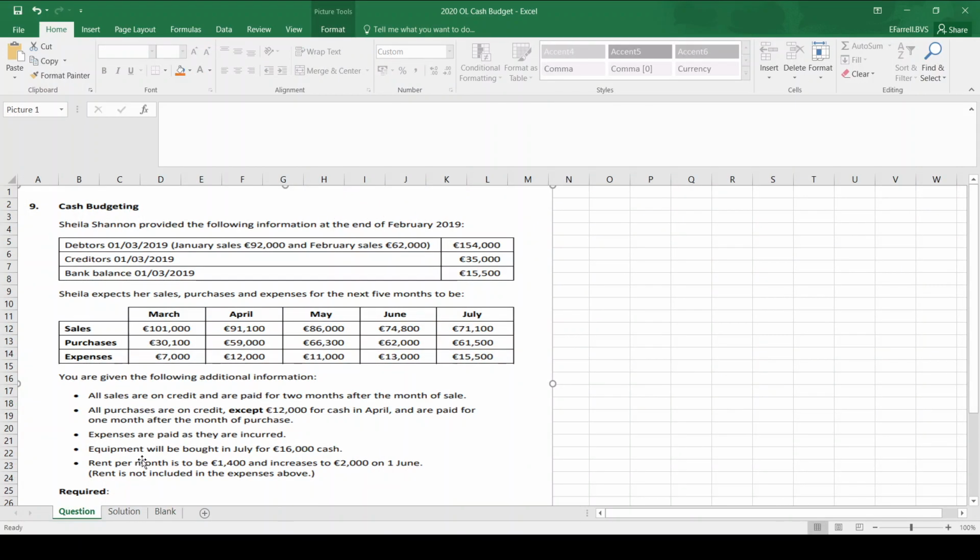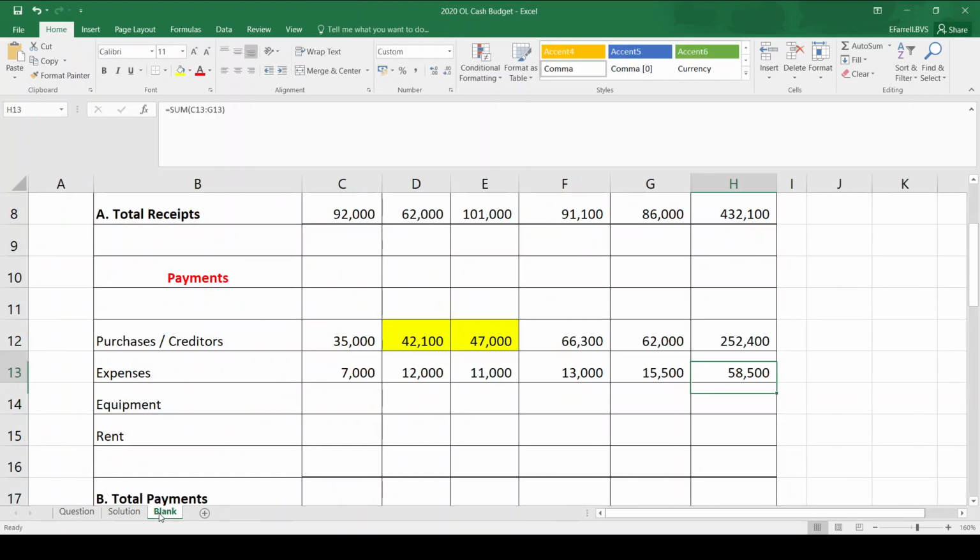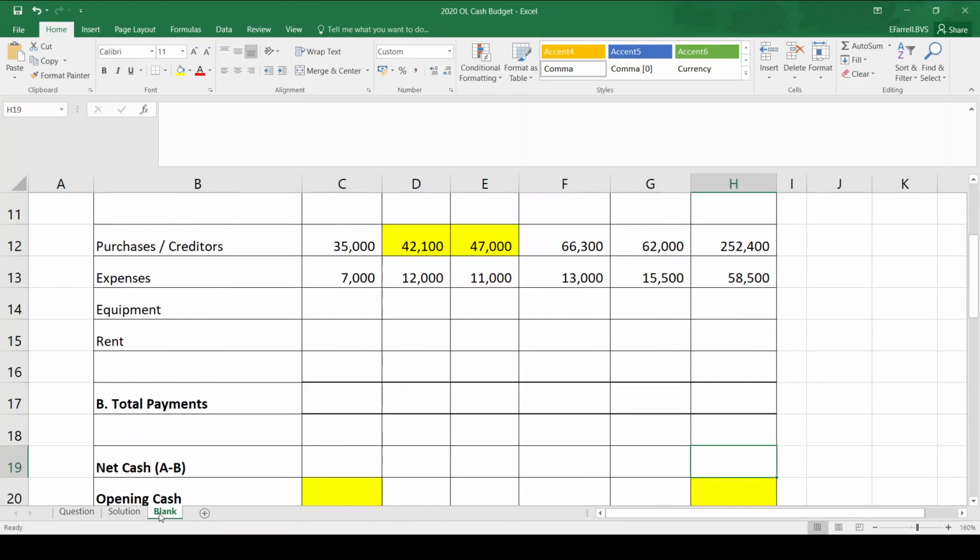Equipment then. Equipment will be bought for 16,000 cash in July. So just make sure I have the correct month. 16,000 cash in July. So there's no equipment bought in any other month apart from July. It was 16,000. That's equipment. And then rent.